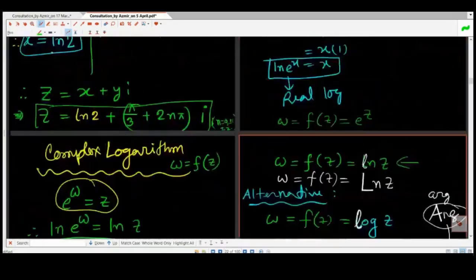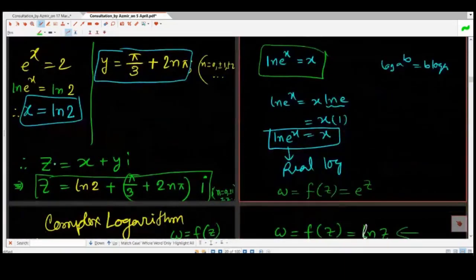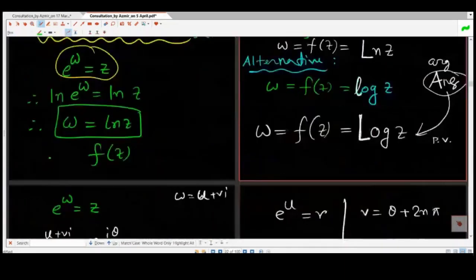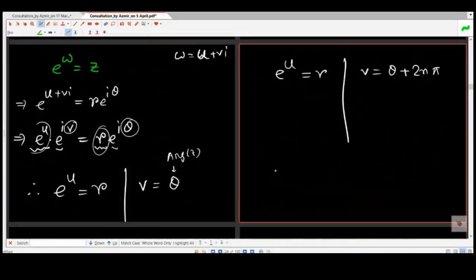In the previous problem, our target was to find z. Here our target is to find w. So w equals u plus vi. So we need to find first u and v. Already v is in our hand. So in this equation, we are taking natural log.